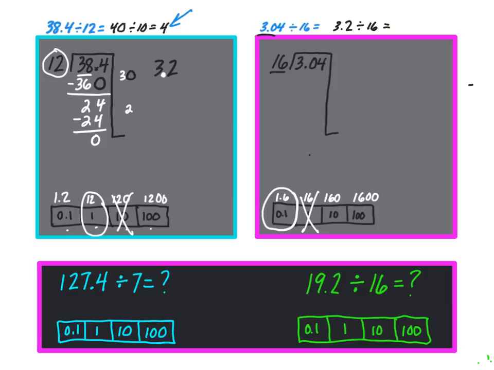So 16 goes into 32 2 times, so if I look at my decimal, then I know from multiplying decimals, which we just went over, that it's actually going to be 0.2. So again, both of my estimates do match up, and it's telling me, hey, your answer is going to be much smaller than 1.